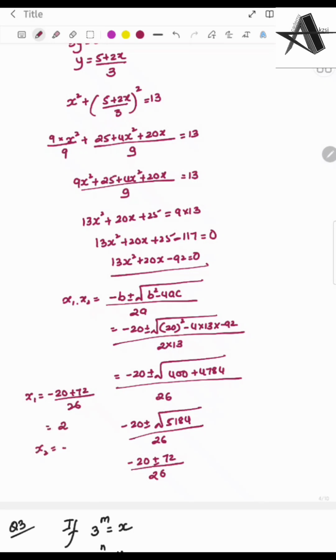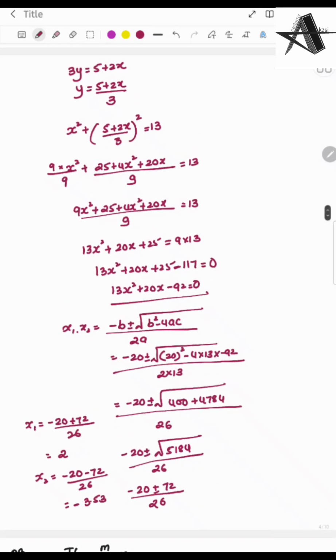x2 is minus 20 minus 72 over 26. So this will be minus 3.53. You have the value of x, put it here in place of y. What's our y? y is 5 plus 2x over 3.